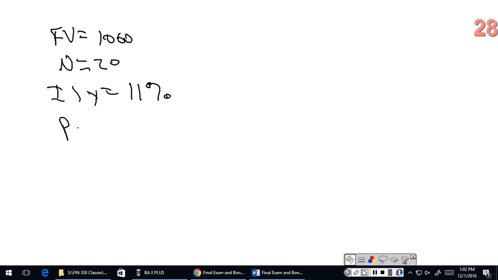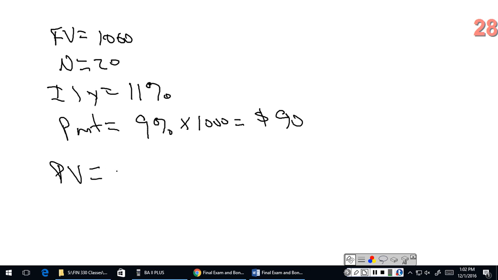And the payment is 9% times 1,000, which is $90. What we're looking for here is the present value of these future cash flows, which is going to be the selling price of the bond. Okay, that's 1,000, by the way, not 1,060.